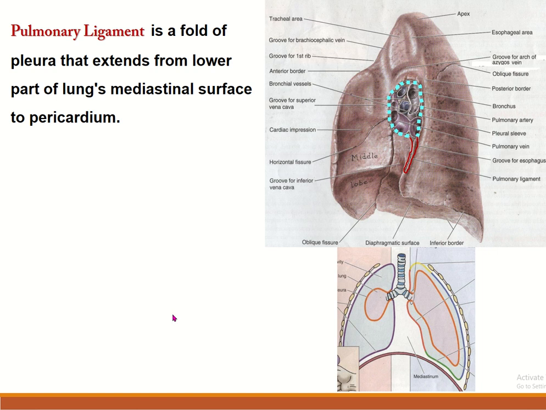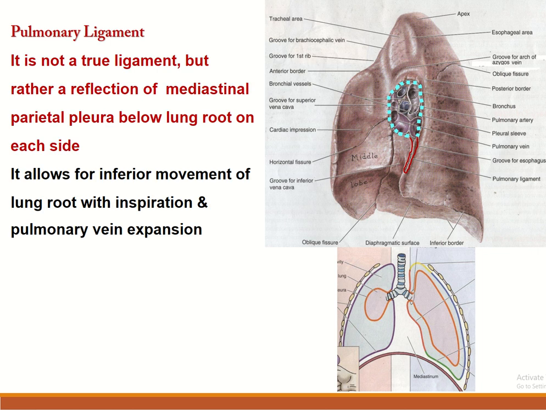This fold of pleura has some function. It is not a true ligament because it is formed by the mediastinal parietal pleura, and it allows for the inferior movement of the lung root with inspiration, and pulmonary vein expansion.